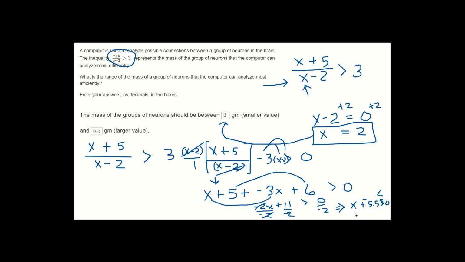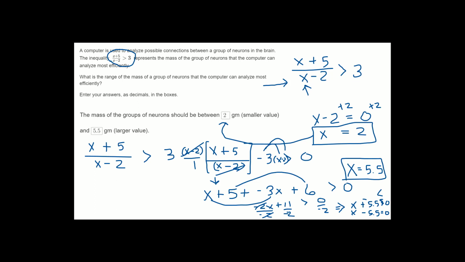But what we're considering is where that becomes 0, or where that is equal to 0. So x minus 5.5 equals 0. When we solve for x, we get x equals 5.5. That's going to be another location that we're going to have to circle and actually omit from our answer.